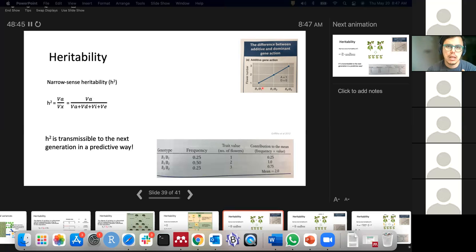And there are also more regions that interact with the environment and with external factors. That is why some traits have low heritability.